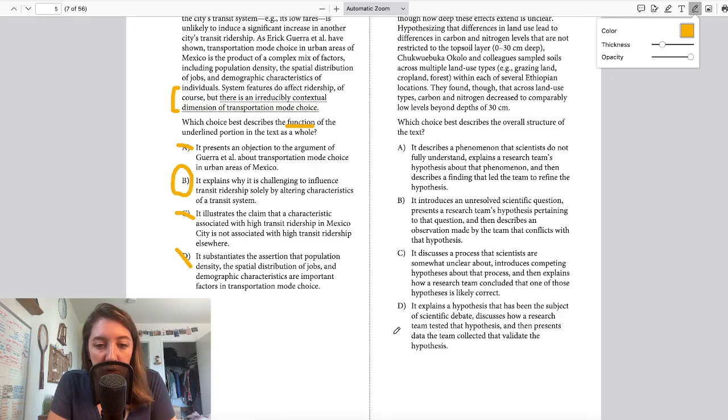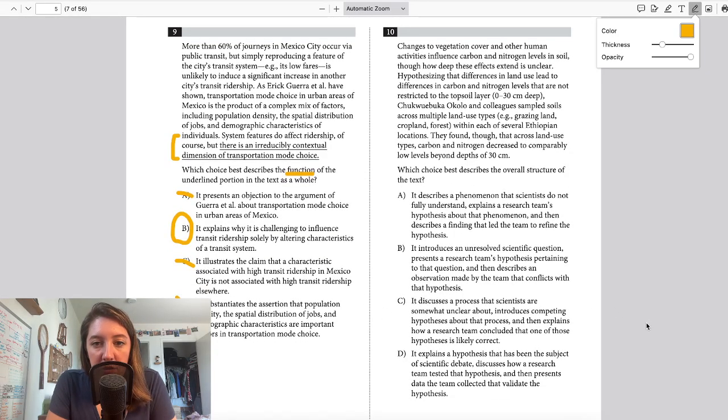So they're not only making this one note observation that it's complicated, right? They're saying from the position of the city, as presumably backed by Guerra's research, it's really not only about what you can control, it's also these other things. So this one is B.